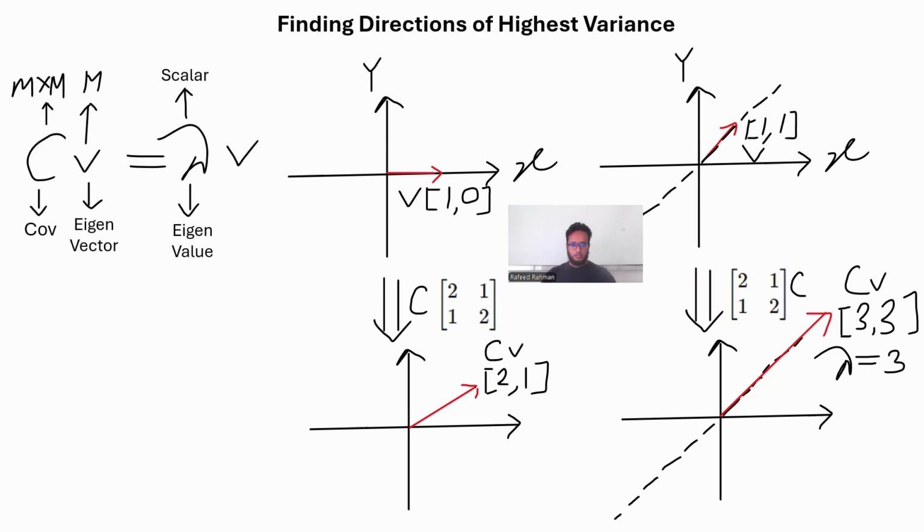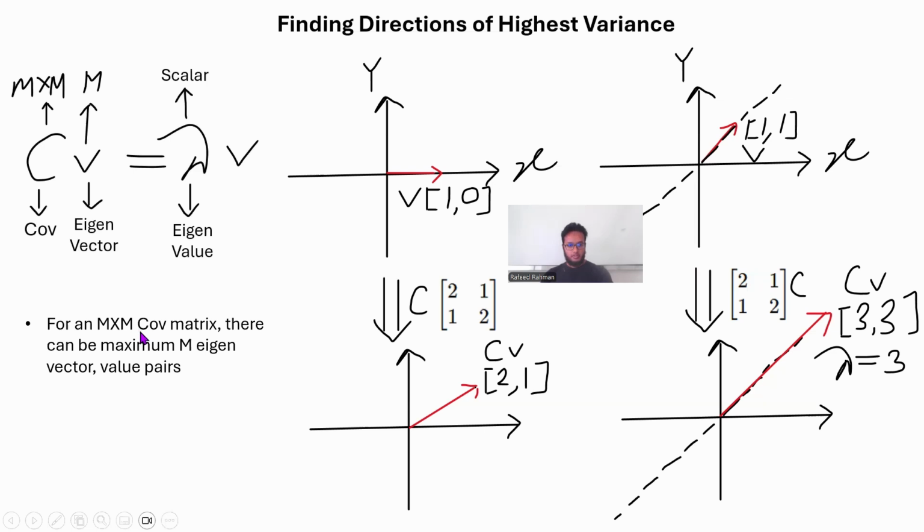Obviously, there are more things. You saw that there can be more than one eigenvector, or more than one PC. For example, for a 5-dimensional data set, for 5 features, there can be 5 principal components. So this equation allows us to find multiple eigenvectors and multiple eigenvalues.